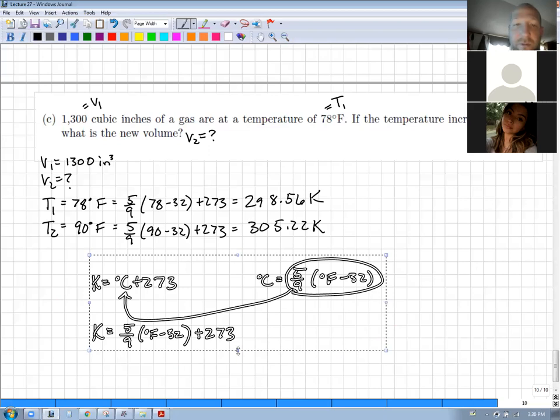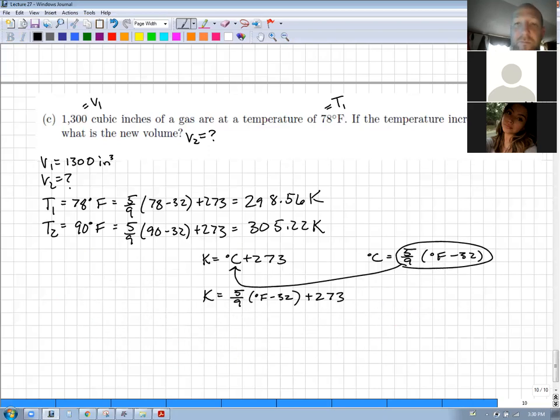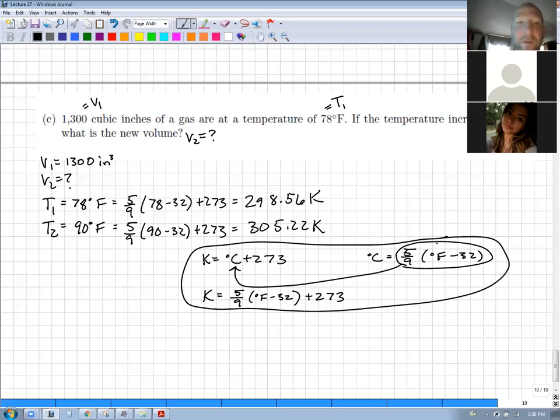All right, so what do we want to find? V2. Well, we know V2 over T2 is V1 over T1. So V2 is V1 over T1 times T2.